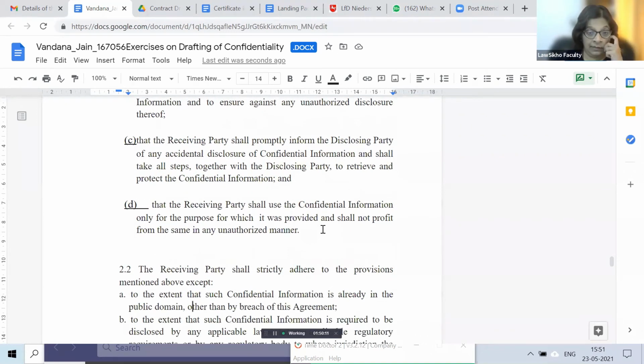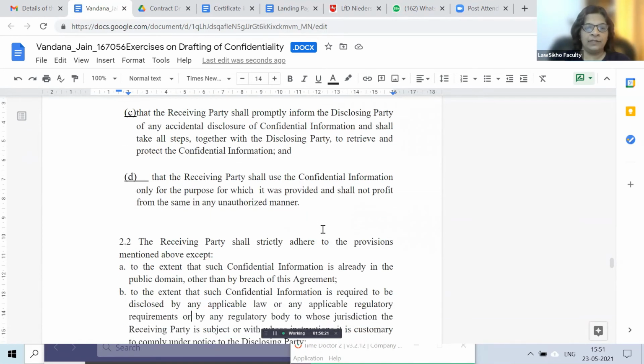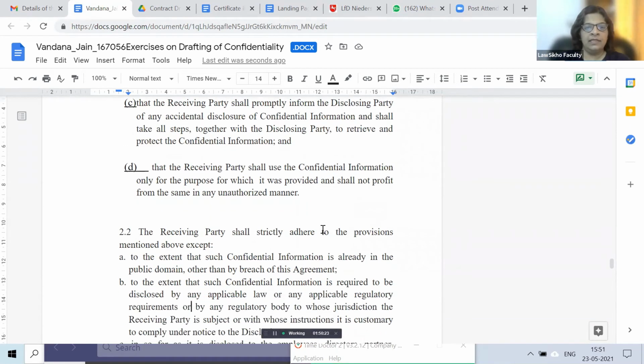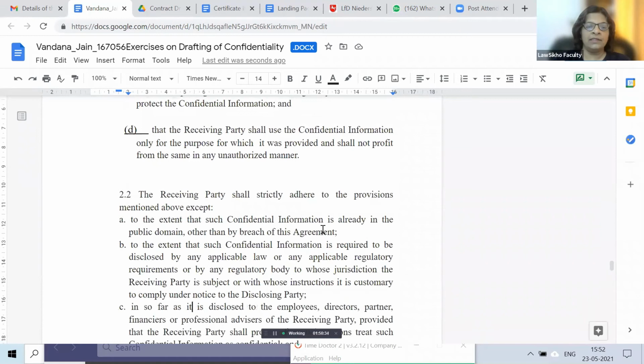Okay. They will restrict and adhere to the provisions mentioned above, except to the extent that such confidential information is already in public domain, other than by breach of this agreement, to the extent that such confidential information is required to be disclosed by applicable law or applicable regulatory requirements, or by any regulatory body to whose jurisdiction the receiving party is subject, or with whose instructions it's customary to comply under notice to disclosing party.